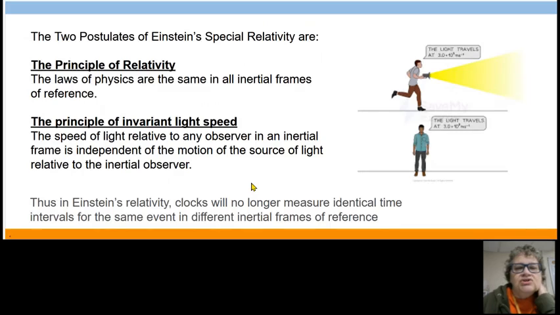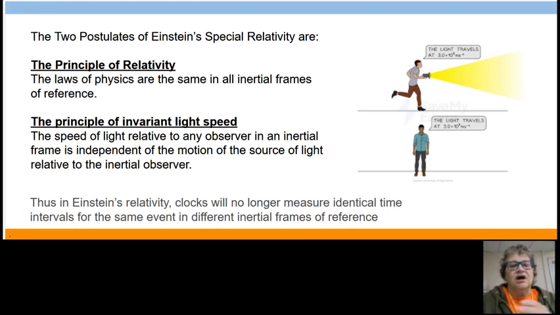Okay, so Einstein postulated, he had two postulates. He has the principle of relativity, which is that the laws of physics are the same in all inertial frames of reference, right? So the basic laws of motion and the basic laws of forces are always the same in each frame, although you may be witnessing it in a different direction.